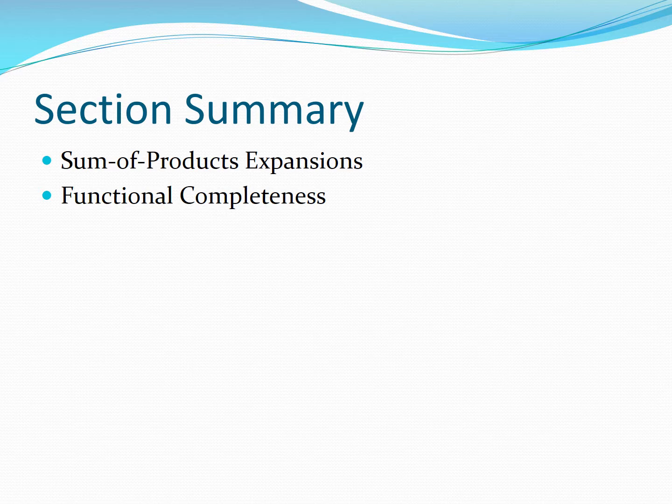I want you to go back and check what DNF and CNF stand for. DNF was our disjunctive normal form, and CNF was conjunctive normal form. We actually did a small section on how to find DNF and CNF for a propositional expression. So we're going to look at something similar in here, and we are going to learn about the concept of functional completeness.